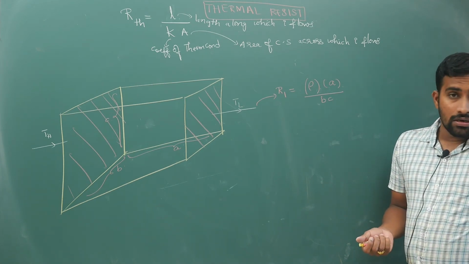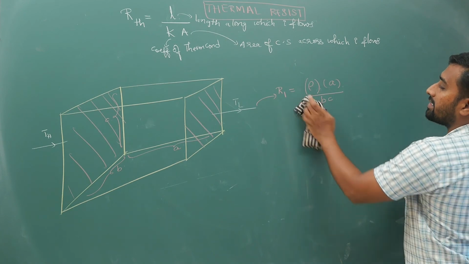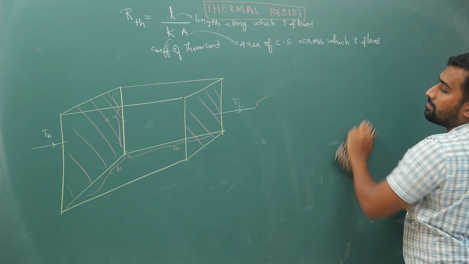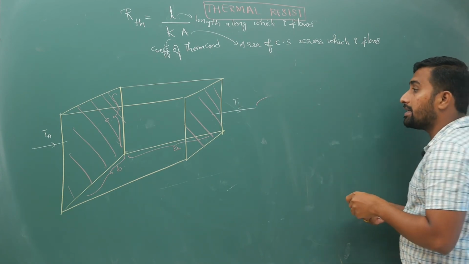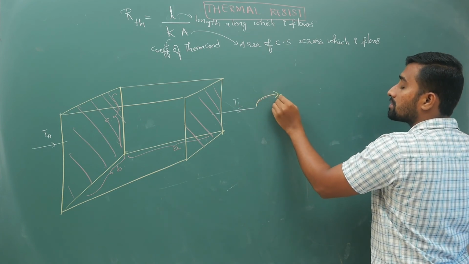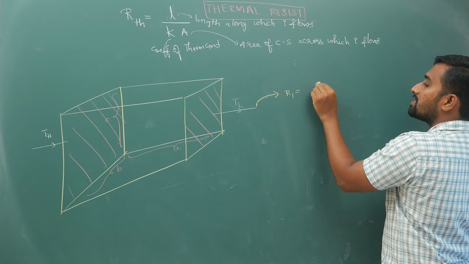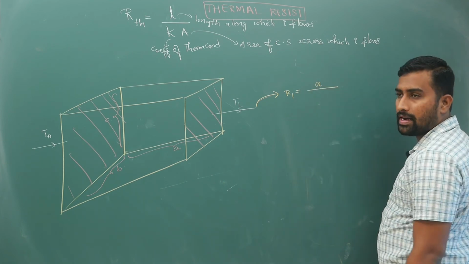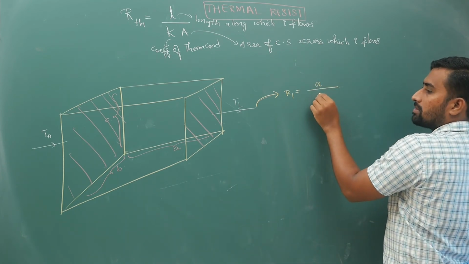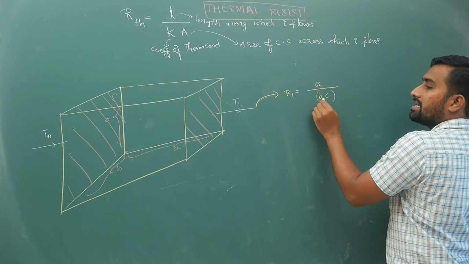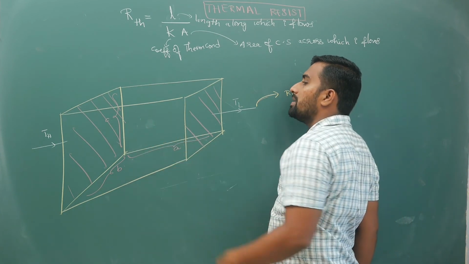Now if it is heat transfer, your R is the length along which heat flows, A, by the area of cross section, which is B into C. Your heat energy is flowing across this BC area.